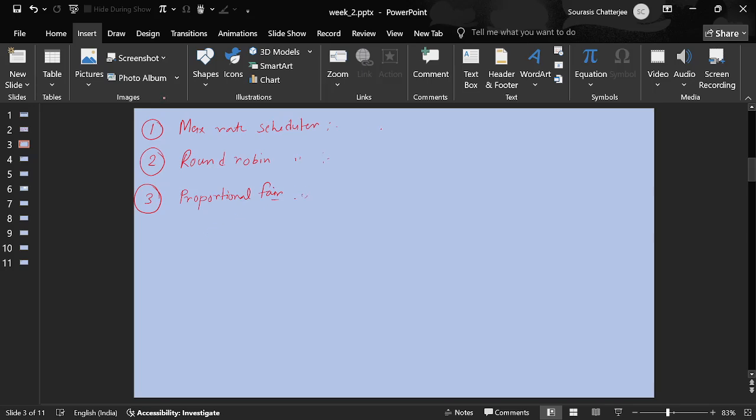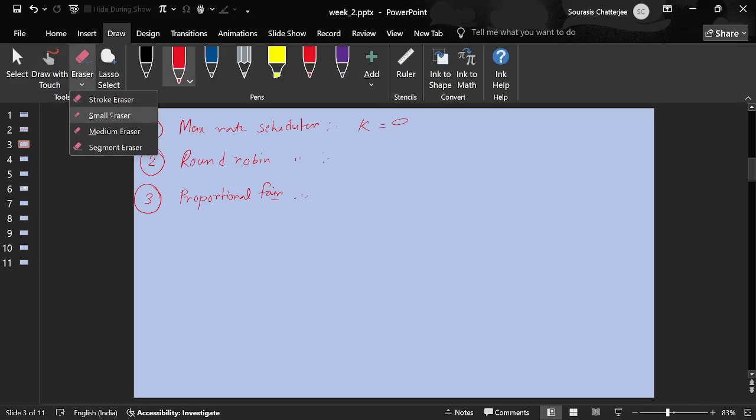Proportional fair. If I write it in terms of math, let's say we are talking about one slot, or even one PRB, then k is the index of the user being scheduled. The max rate scheduler is going to pick the index of the user with maximum rate.